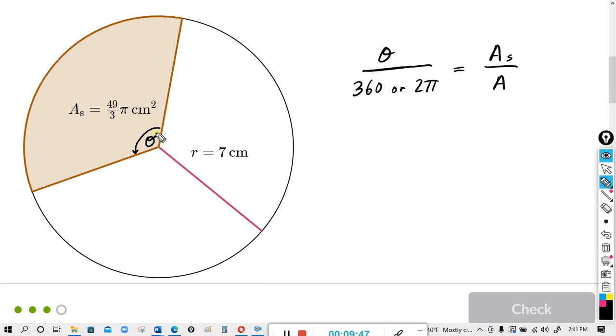They said they want it in degrees this time, so I'm going to use 360, not 2 pi. Theta is what we're looking for, divided by 360. The area of the sector is given: the area of this right here is 49/3 pi.